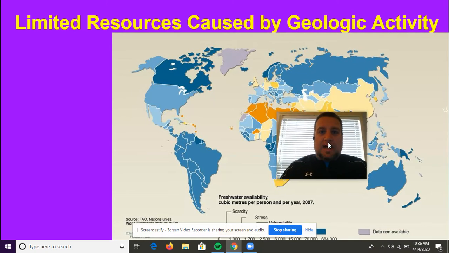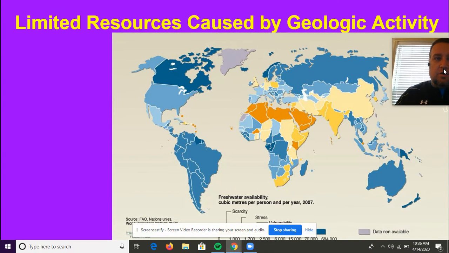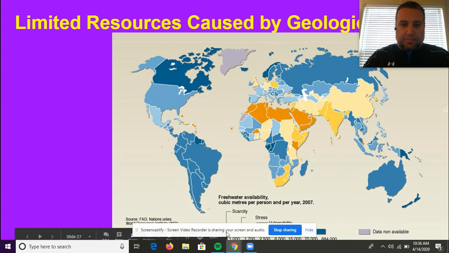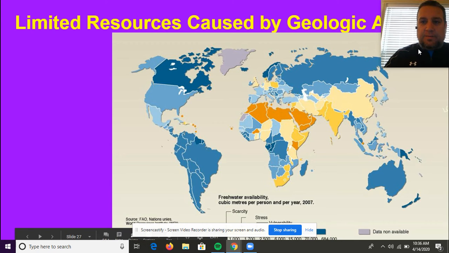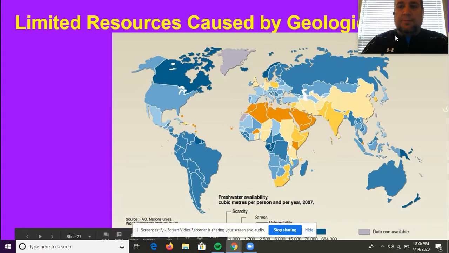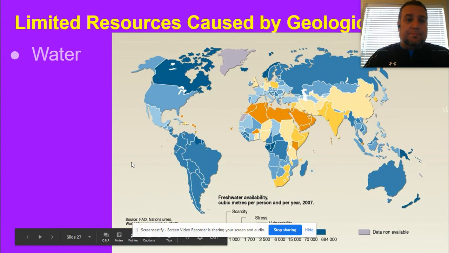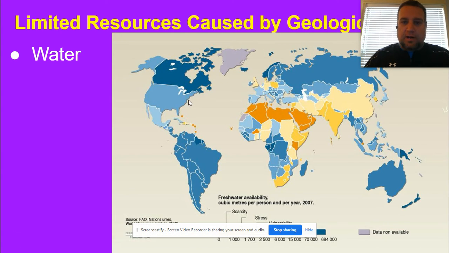All right, so our idea here is how the resources on Earth are limited and caused by geologic activity. This is a picture of the availability of fresh water compared to how much is needed on Earth. You notice the darker blue means it has lots of clean fresh water, and we're talking about fresh water here.